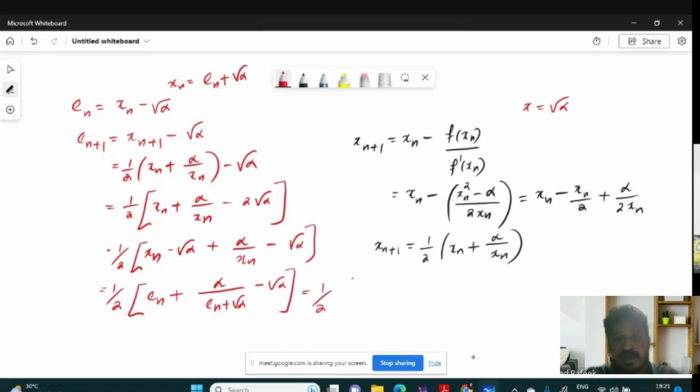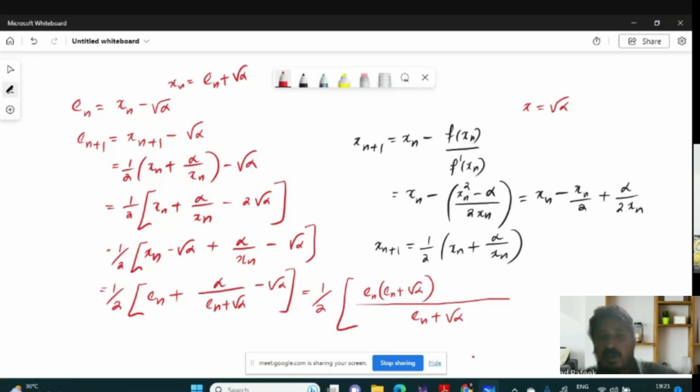Just work it out. Taking En plus root alpha as the LCM, the first term becomes En into En plus root alpha, plus alpha minus root alpha into En plus root alpha.